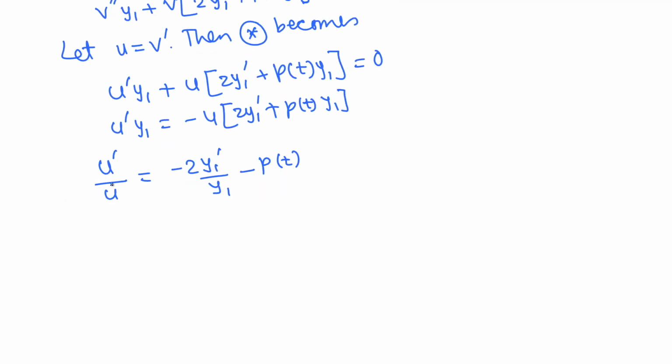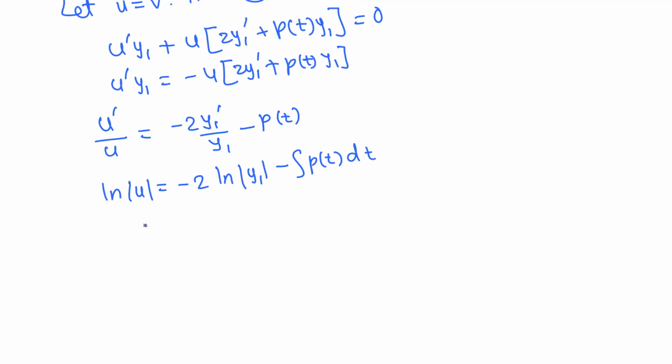When we integrate u prime over u, this is natural log of u. Same thing here, y1 prime over y1 means natural log of y1. Now integrate, we have no information, so just negative the integral of p(t) dt, because we don't know about p. This is unspecified.